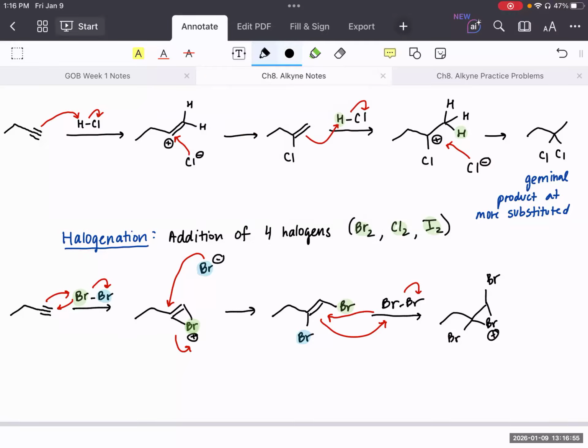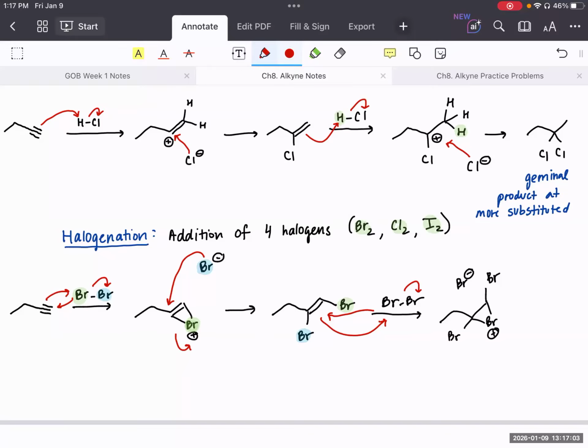And next we have another bromine come in and open it up from the more substituted position on that bridged halonium ion.